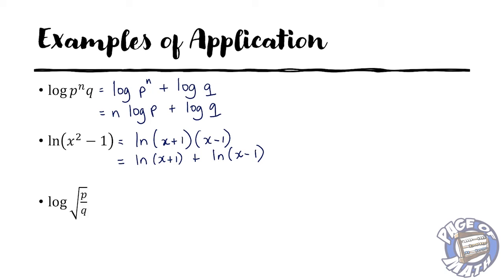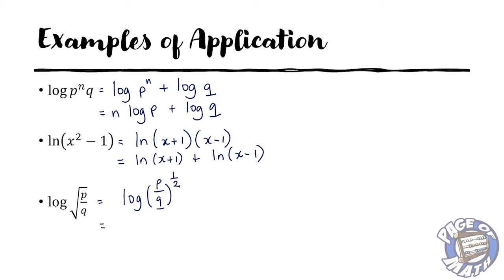Another example is we have the log of the square root of p over q. Now square root in index form is actually 1/2. So square root means you have raised something to the power of a half. So let us rewrite the log of p divided by q, but instead we raise it to the power of 1/2.